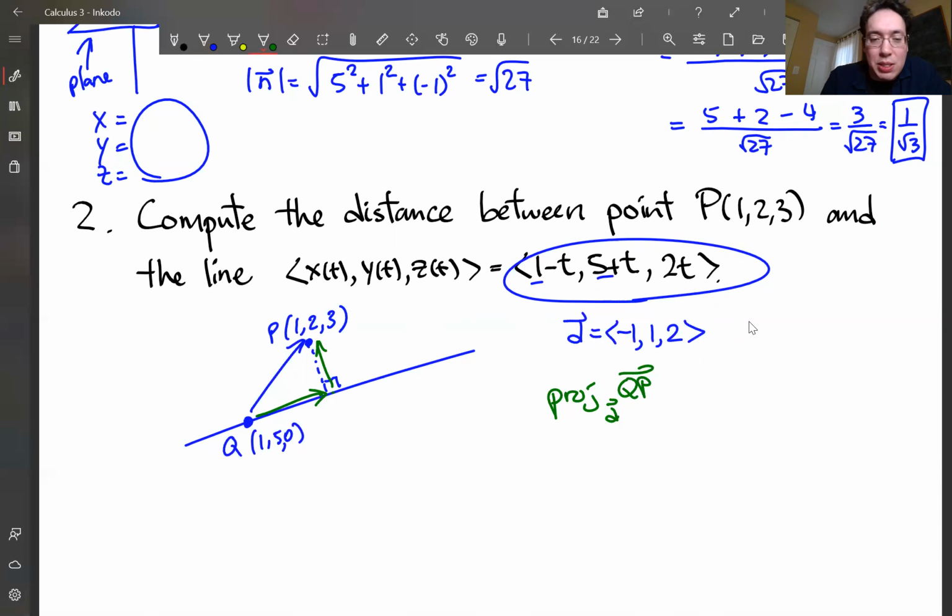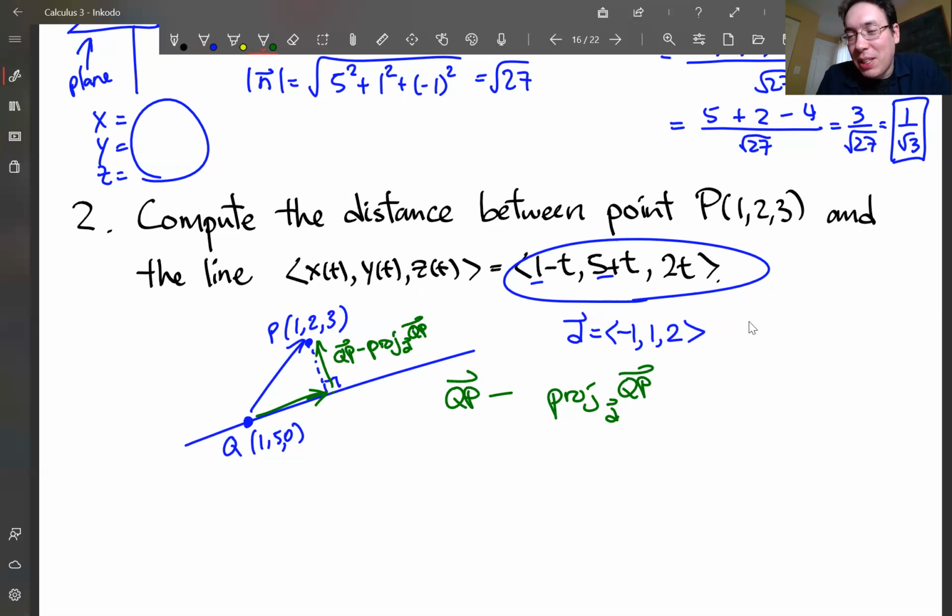So you could take the vector QP, and if you subtract away the parallel portion, this is QP minus the vector projection. And once you get that vector, you just have to find the length of that vector, compute the magnitude. Okay, so that's one way to approach the problem.